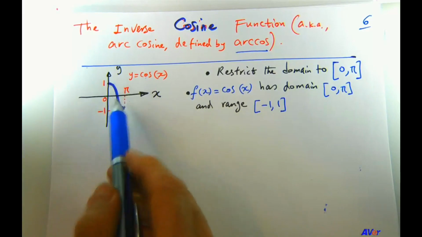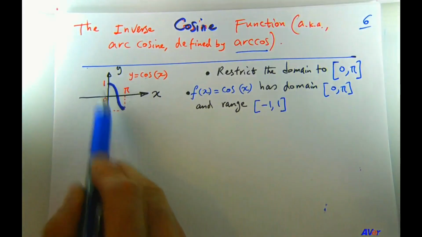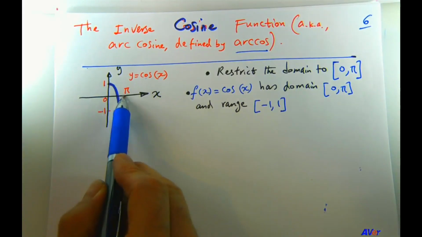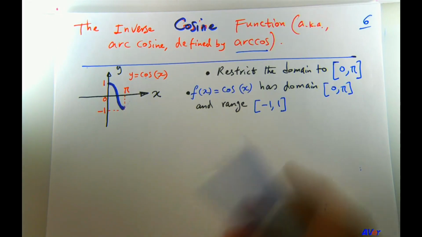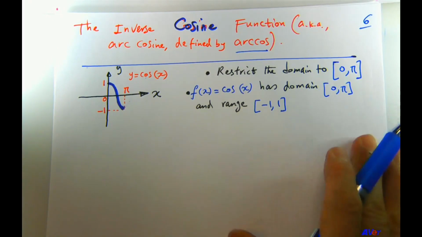You can see it in the graph. Range from negative 1 to 1 and domain 0 to pi. That's after we restrict the domain, which in turn restricts the range, right? We had to do that. We discussed that in the beginning.